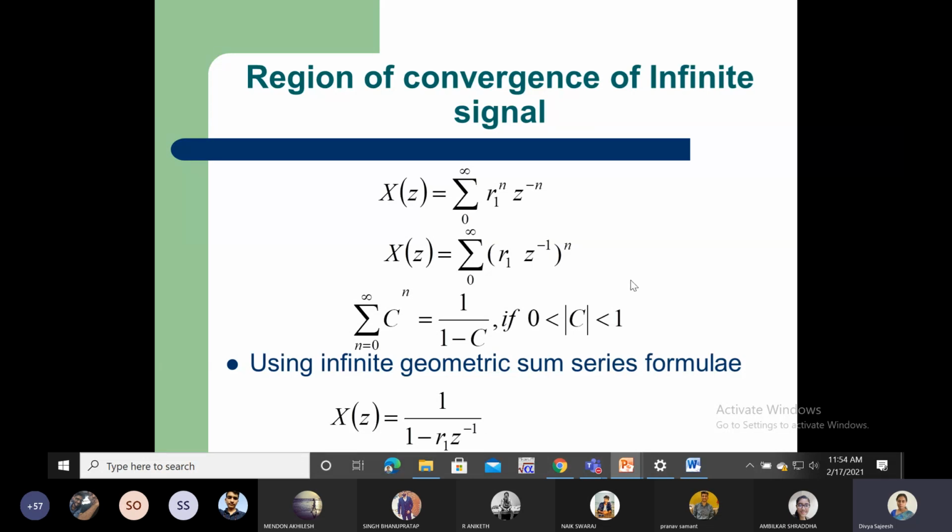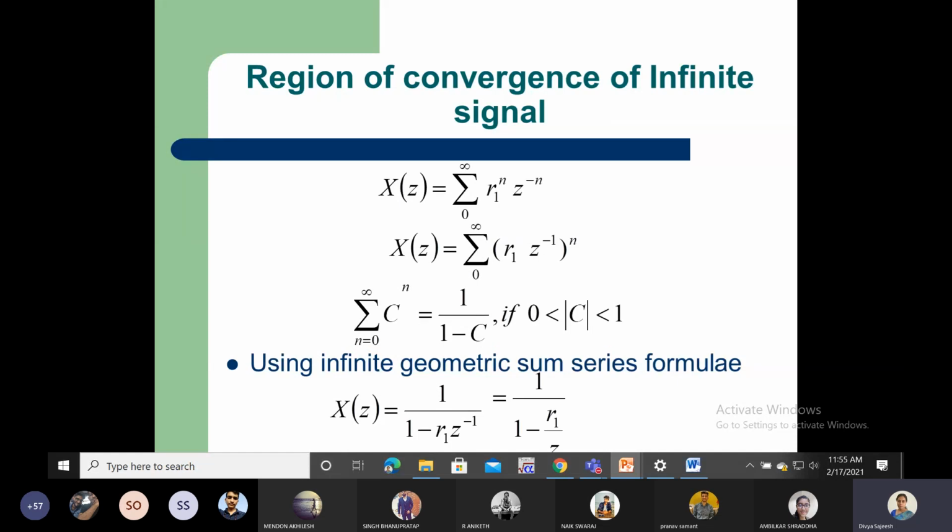But the condition here is that c should be less than 1, or I can say it should lie in the range of 0 to 1. So now I can define the region of convergence with the help of this geometric sum series formula, where the condition applies. So using this I am going to define the region of convergence.